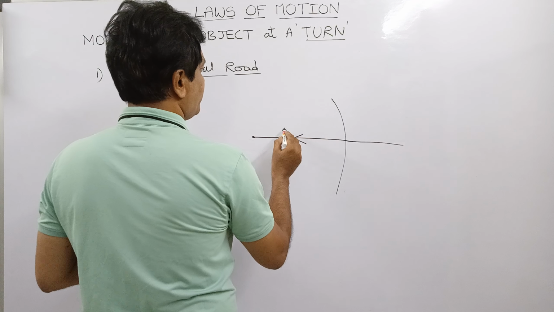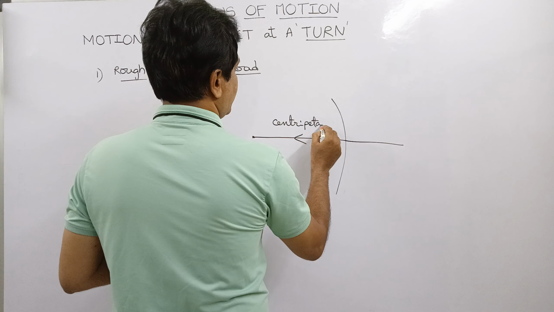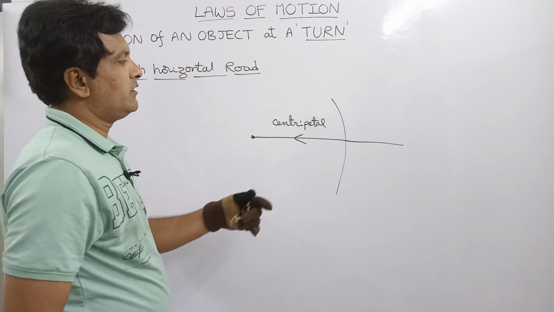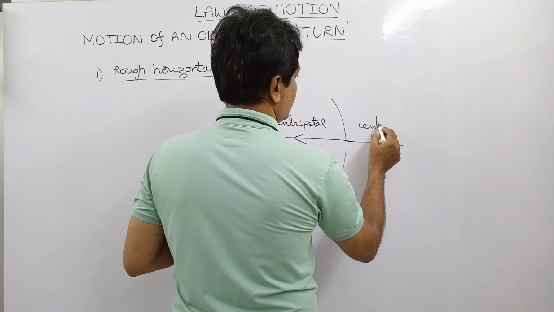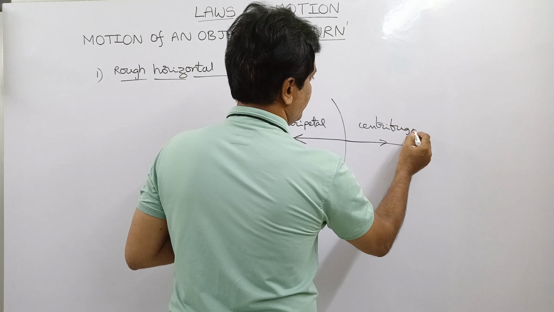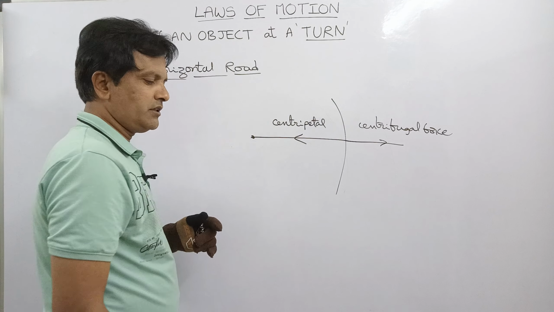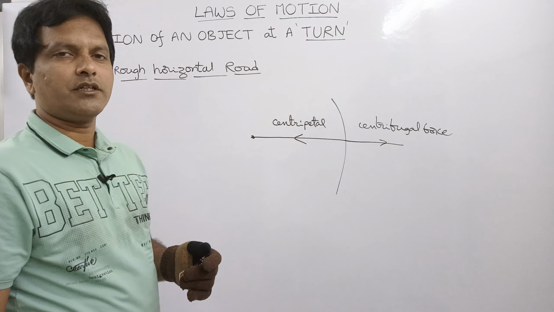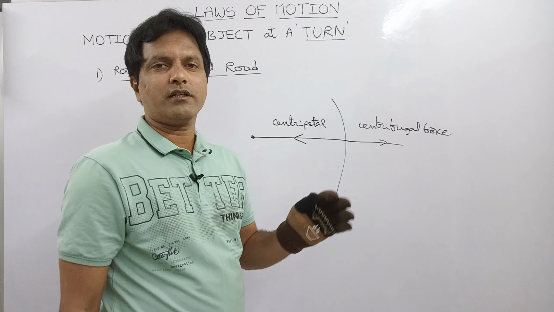If this is the centripetal force acting on an object moving in a curve, acting towards the center of the curvature, an exactly equal and opposite force will be acting opposite to the centripetal force, which is called centrifugal force. Since both are equal, the object will move in circular motion without falling into the center or going away from the curve.